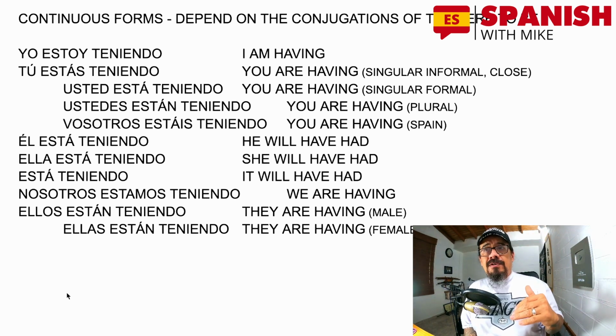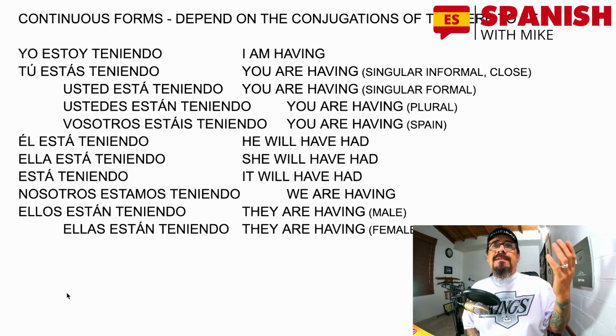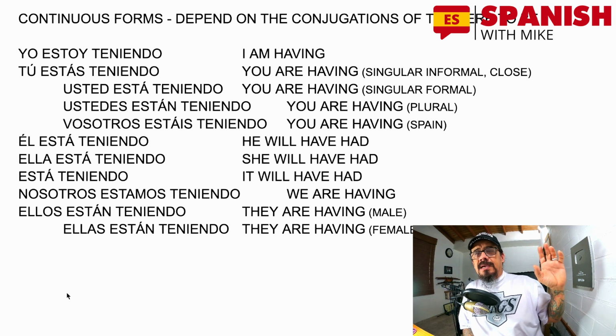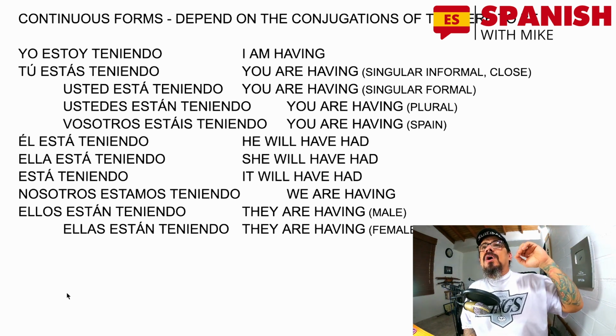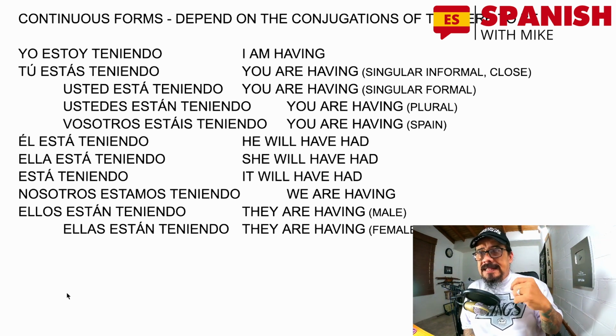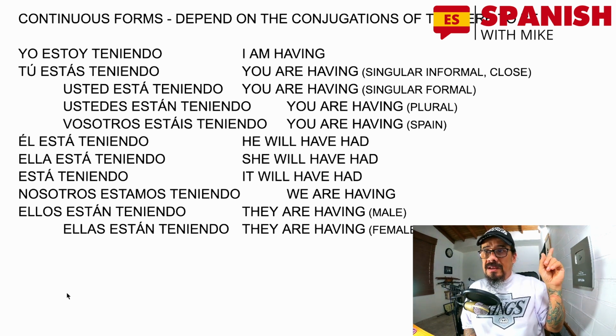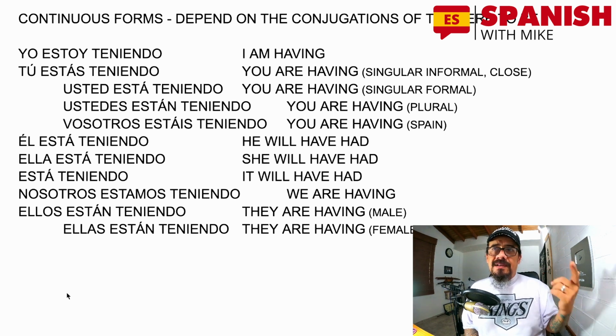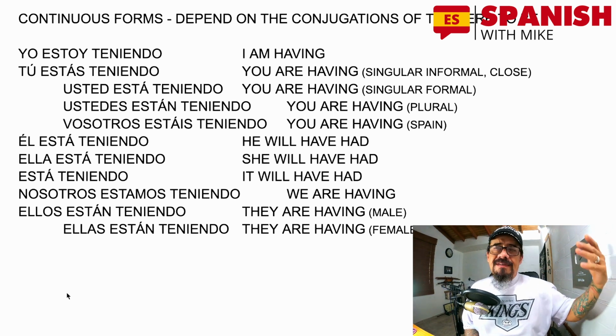For this tense, I'm just going to go with the simple present because we already have a video in which we explain the conjugations of the verb to be, translated as estar. You can watch the video. And it's basically those conjugations for the past and the future and the present perfect and so on.